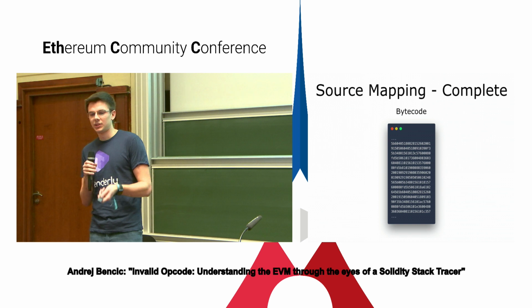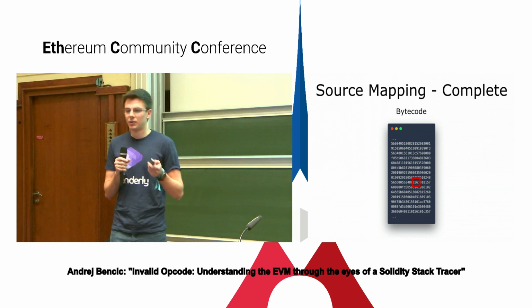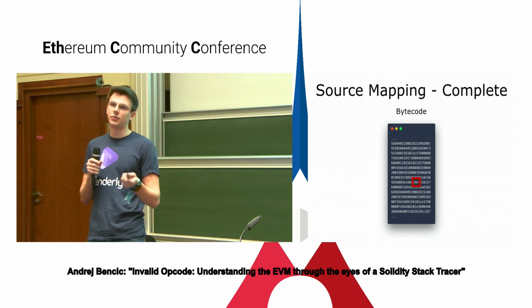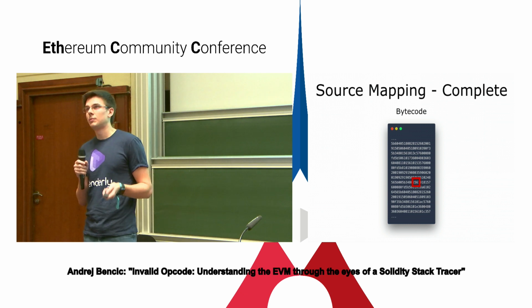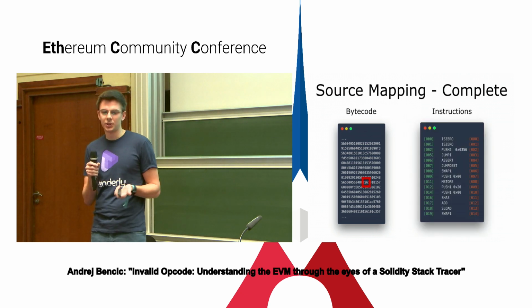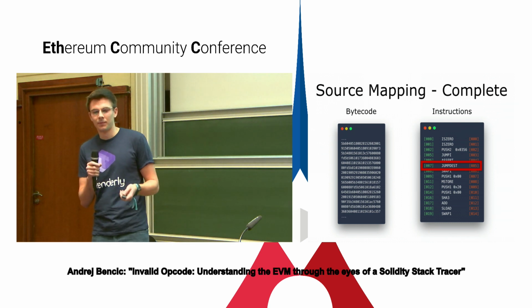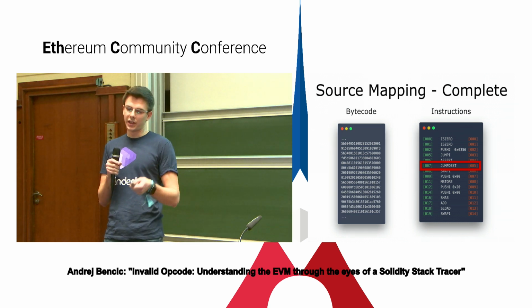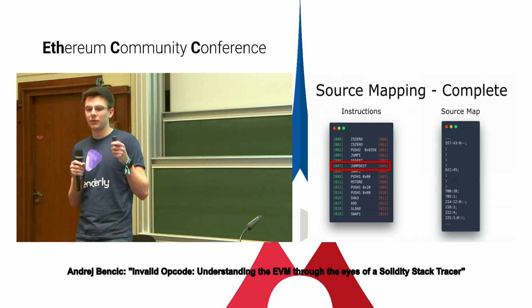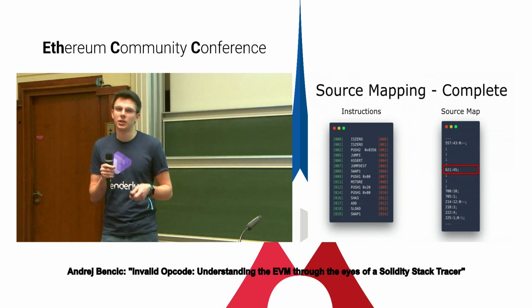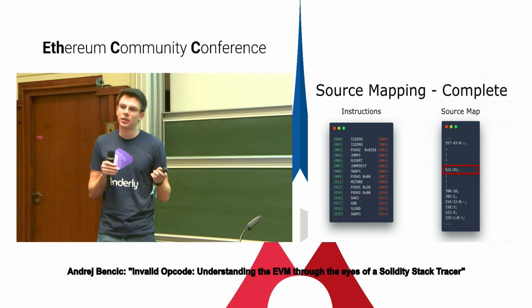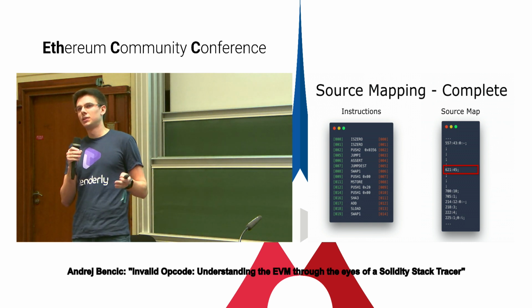So we start with bytecode, and we see that the transaction fails somewhere. And we use that position in bytecode, which is the only information we have, to get to the instruction that caused the failure. We now use the index to the right to find the source mapping for the instruction, because as we talked earlier, instructions and source mappings are one-to-one.